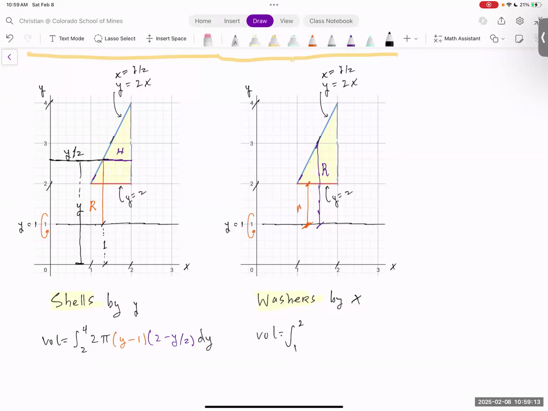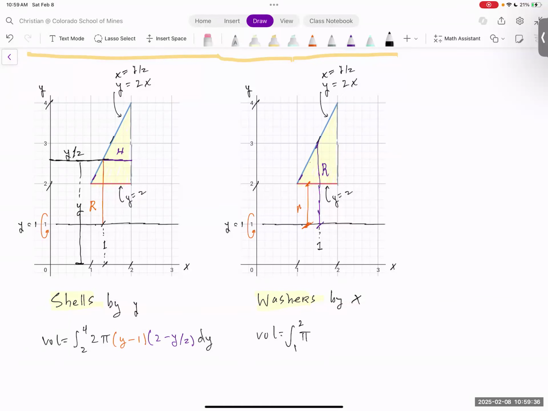Pi big R squared is from the y equals 1 axis out to the curve.